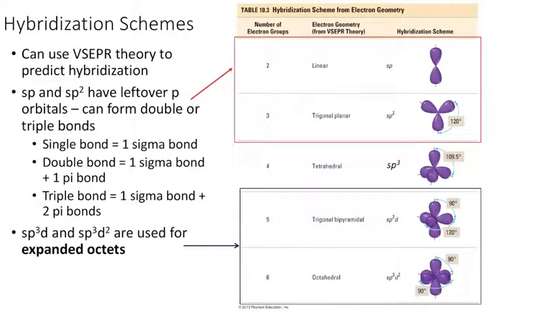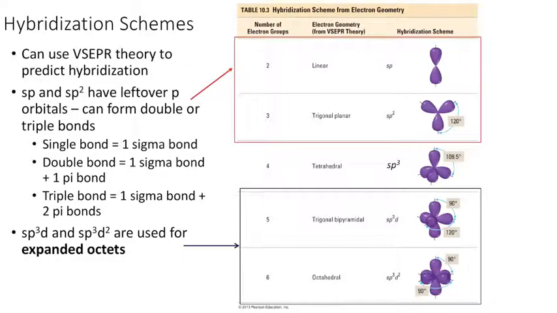That is an sp hybridization, and that's shown at the top of this table. You can work your way down the table and look at the different electron groups and the different hybridizations that occur. The one we looked at is in the middle here with the 4 electron groups, tetrahedral, sp3. The methane example we just looked at uses that hybridization.